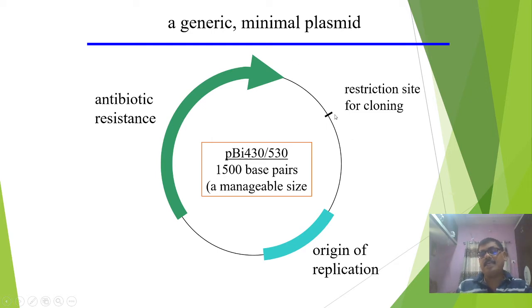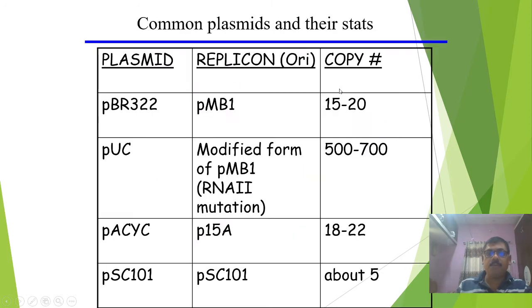And the third is the restriction site for cloning, where you can cut the plasmid and then add the foreign DNA. So these three are the minimum things we require in a plasmid: the origin of replication, the selectable marker site, that is the antibiotic resistance site, and the restriction site for cloning, or site for the restriction endonuclease.